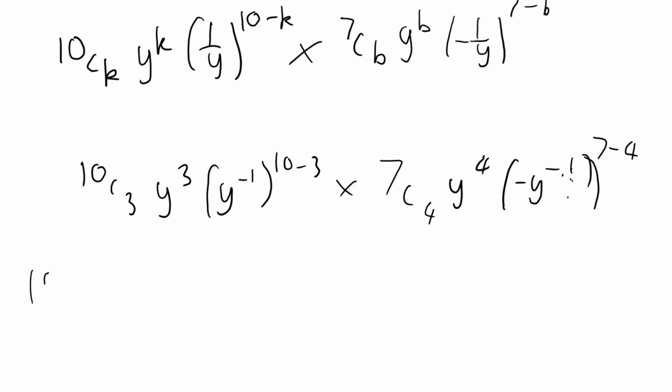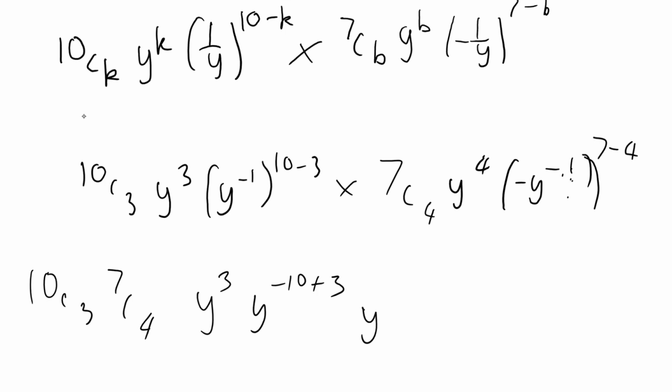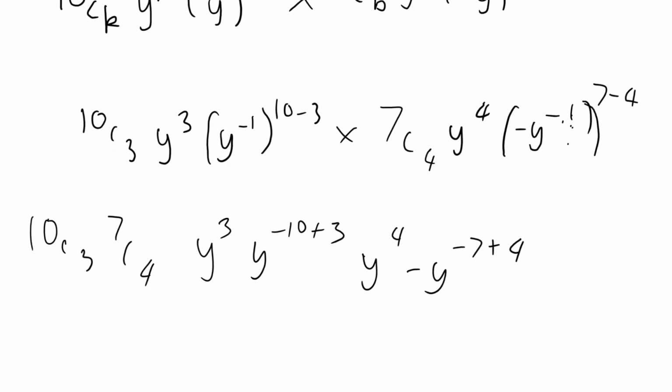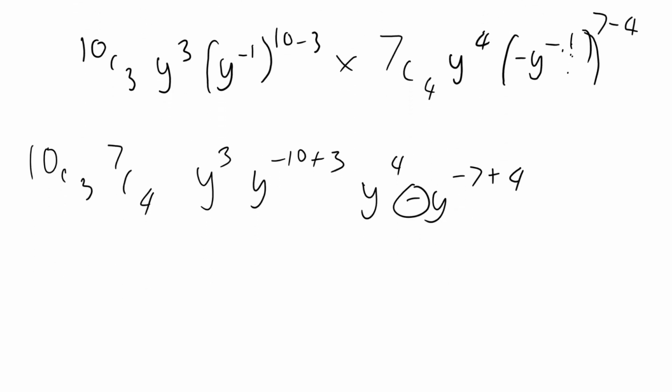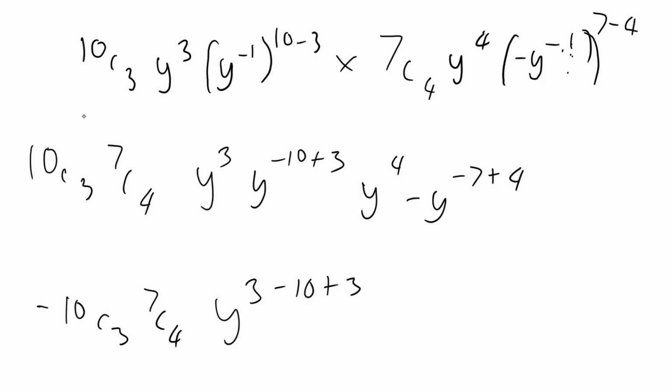So we're going to go 10 choose 3, 7 choose 4, y to the 3, y to the minus 10 plus 3, y to the 4, minus y to the minus 7 plus 4. Now we're going to take out this minus, and we get minus 10 choose 3, 7 choose 4, y to the 3, minus 10 plus 3, plus 4, minus 7 plus 4.